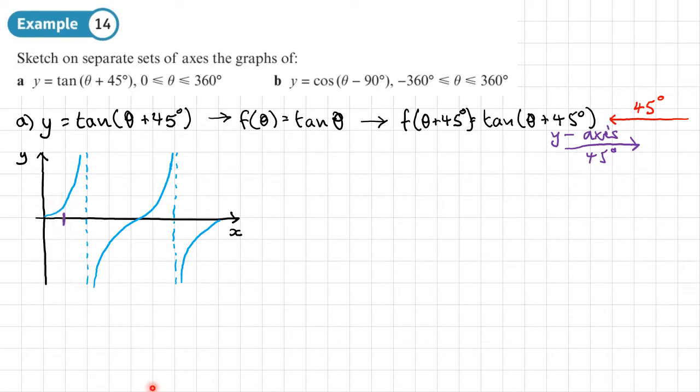And then rather than move the graph, I move the axis. So I move the axis to plus 45 degrees. So I'm going to take that out and move my axis to here. Right, now because I've moved my axis to this point, there's a bit of the graph I need to chop off because I'm going from 0 to 360. So I'm just going to redraw this and take off that bit that I've chopped off.